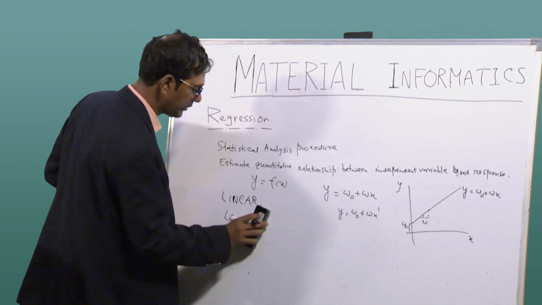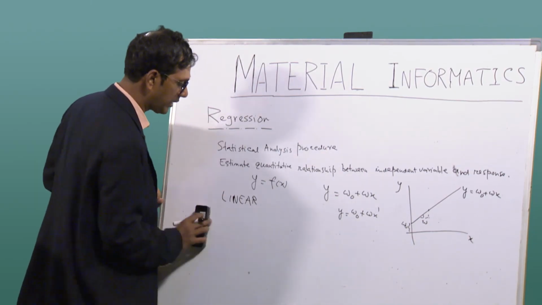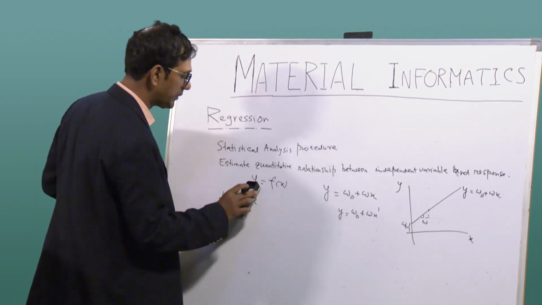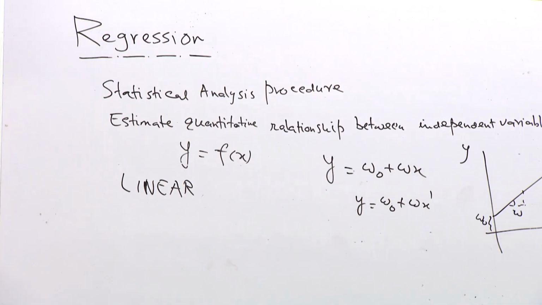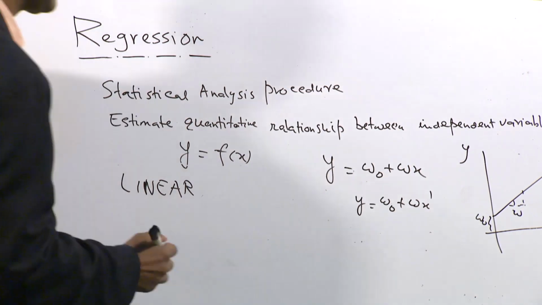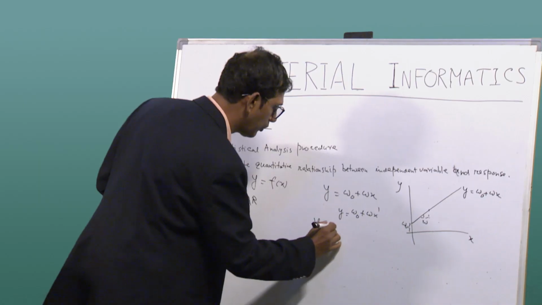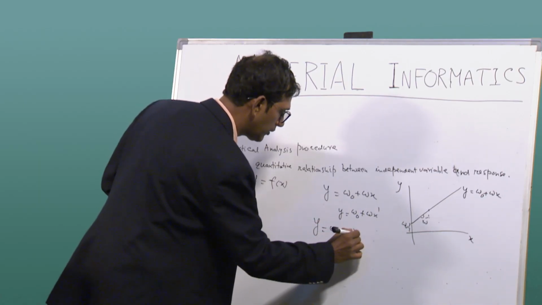That is what we started with, linear polynomial, the relationship between independent and dependent variables in terms of a linear equation. What is the simplest possible relationship you can think of? That I have written already: y is equal to w0 plus w into x.